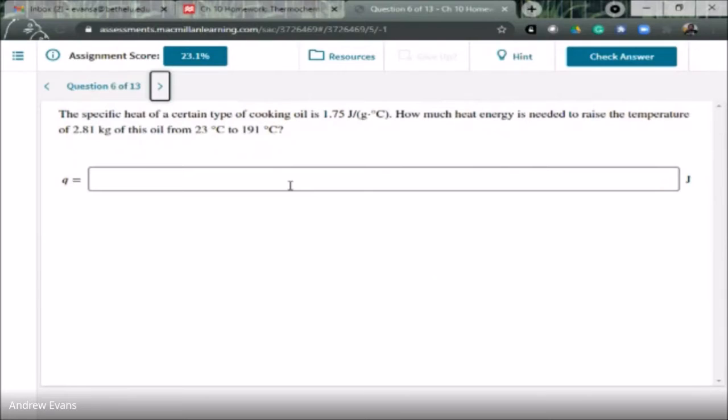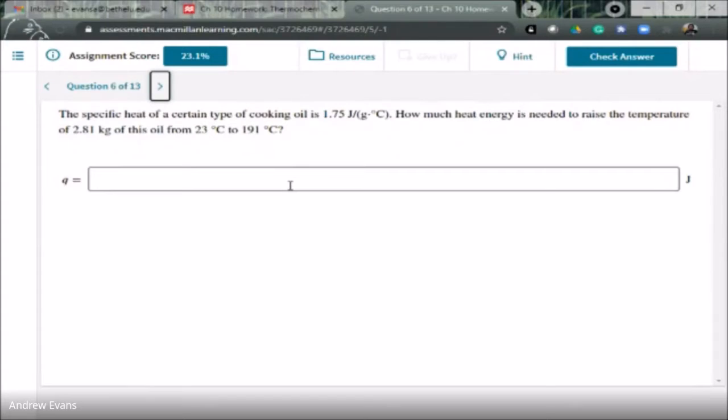And this one, cooking oil has a heat capacity of 1.75 joules per gram Celsius. How much energy is needed to raise 2.81 kilograms of oil? I'm not going to fully solve this one, but I'll start to set it up.